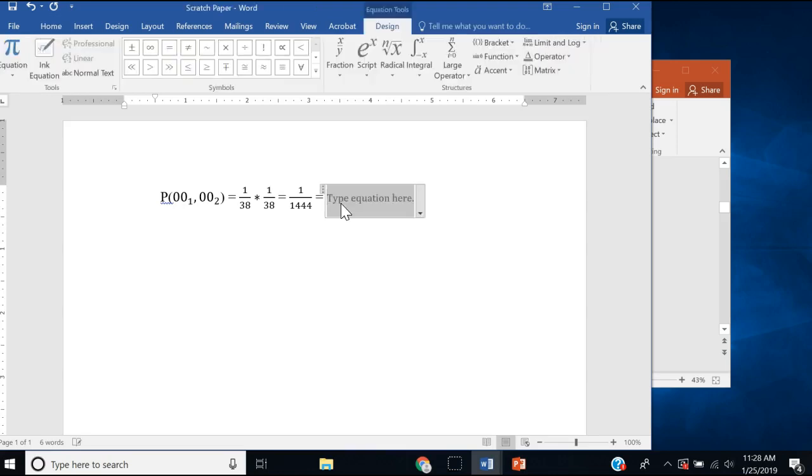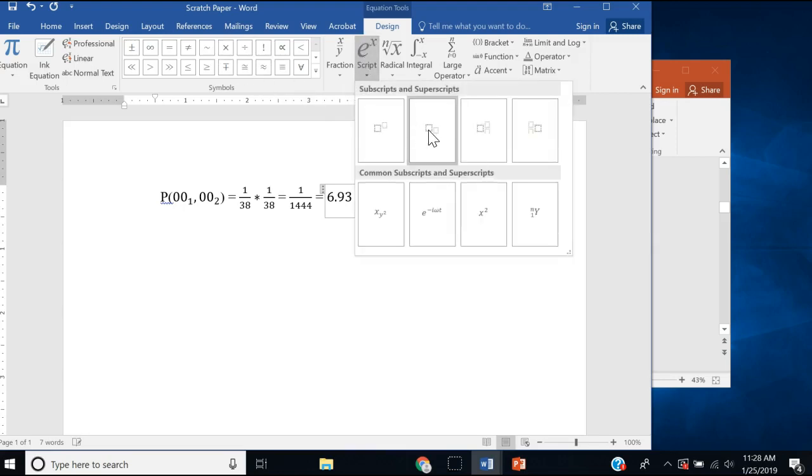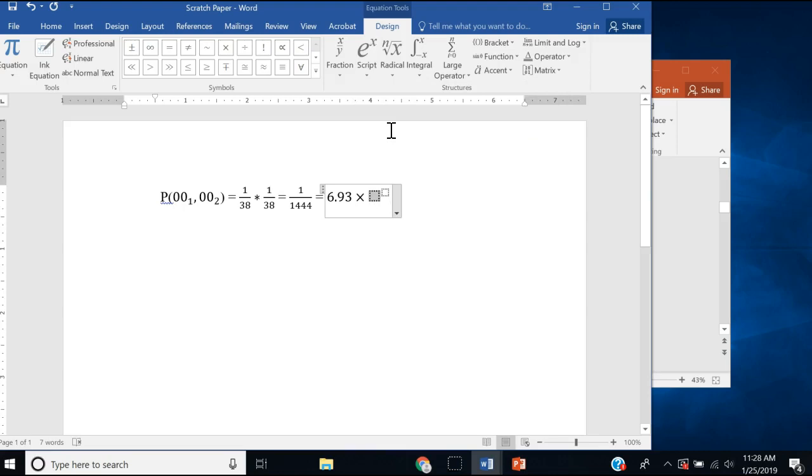So what you'd have to do is write the scientific notation 6.93 times 10 to the negative 4th. If you're wondering what that number is, it actually is 0.000693.